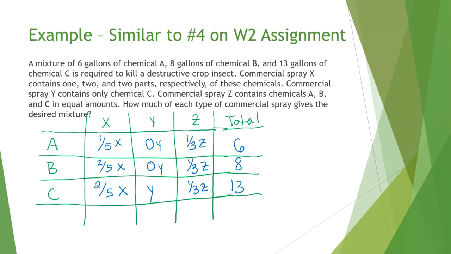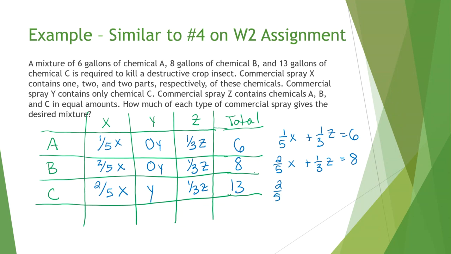And so now going across, this gives me my equations. 1/5 of chemical A comes from X. I'm going to skip the 0. And 1/3 of chemical A comes from Z. And I need 6 gallons total. 2/5 of chemical B comes from X, and 1/3 of chemical B comes from Z, and I need 8 gallons total.